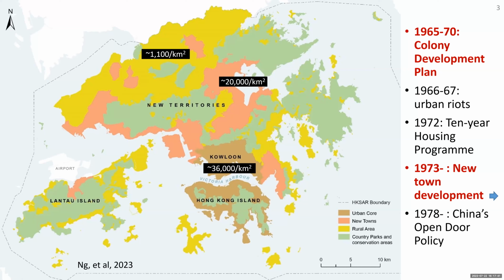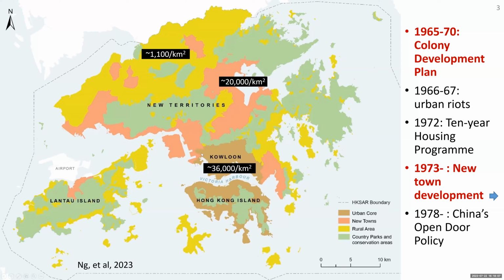At that time, they were pretty uncomfortable with this tiny dot of land immediately next to the mainland, and so they asked for a buffer zone. That's why the New Territories was not given, but leased to the British colonial government at that time.